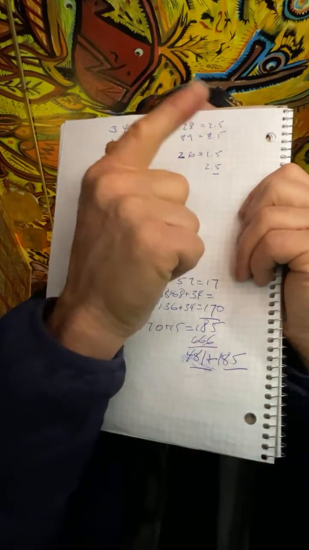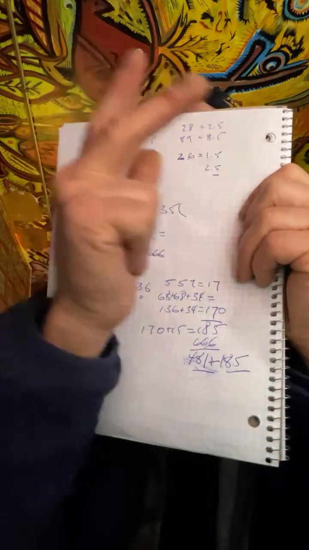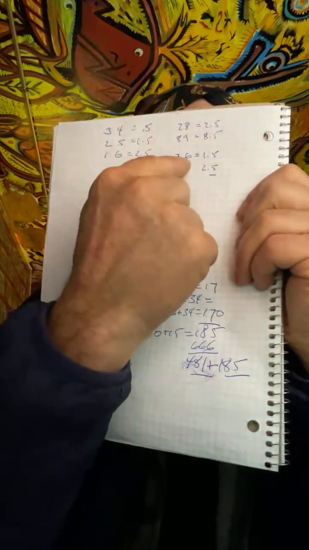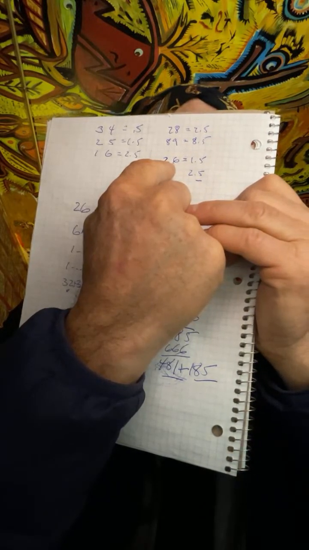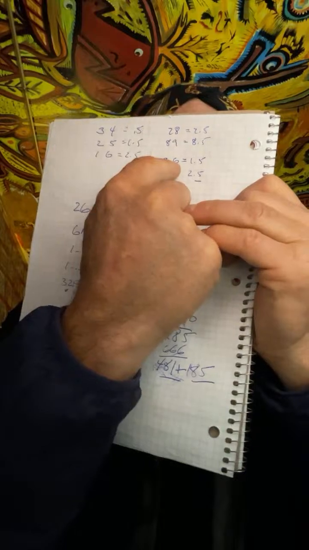And 3, 4, 5, right? 3, 4, 5. So the difference between 6 and 4.5 is 2. The difference between 6 and 4... No, that's wrong.